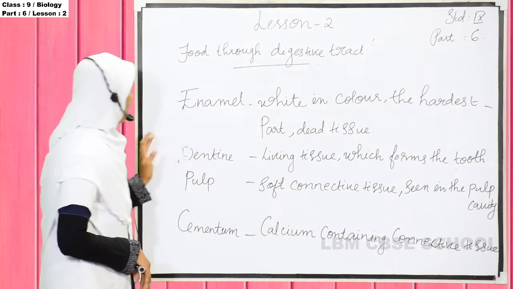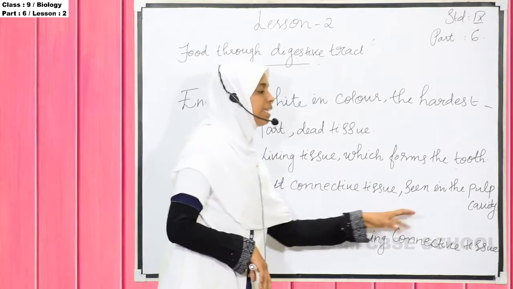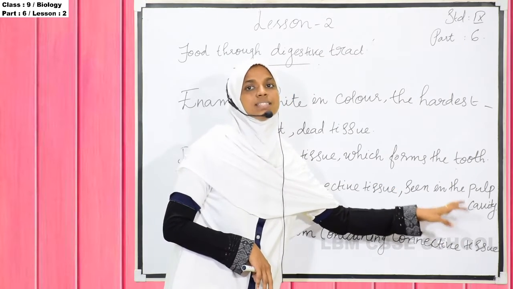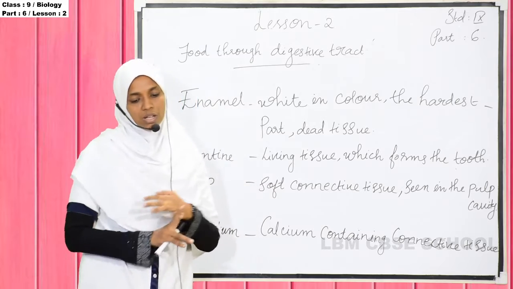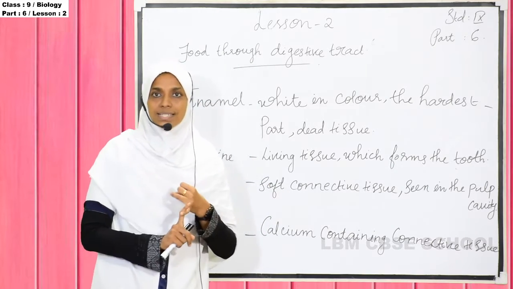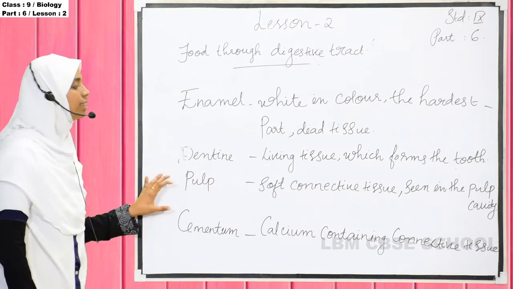Pulp is the soft connective tissue seen in the pulp cavity, where blood vessels, lymph ducts and nerve fibers are seen.